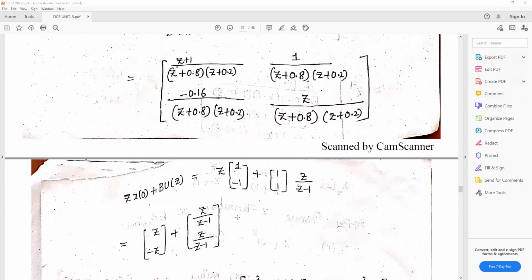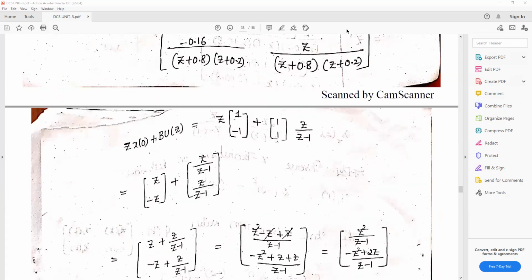So first, calculating z into x of 0 plus B into u of z. The initial conditions are given: x of 0 is x1 of 0 and x2 of 0. What are the values of the initial conditions?